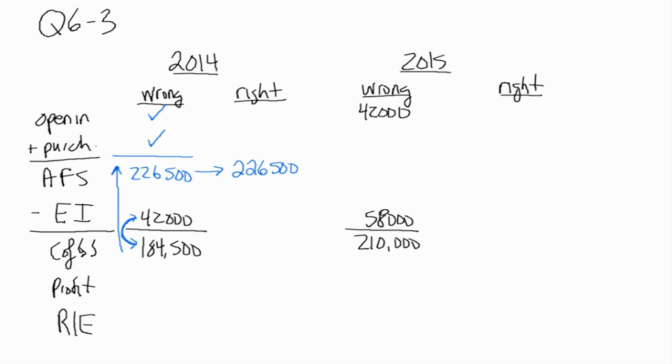Okay, so can I fix ending inventory? Can I fix the amount of ending inventory? Exactly. I just have to add in 5,000, and that will fix my ending inventory. My ending inventory is actually 47,000. Since I have a correct available for sale and now a correct ending inventory, can I calculate the correct cost of goods sold? Absolutely.